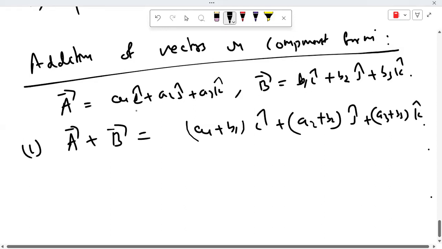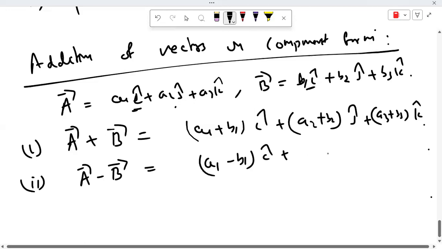Just add the I components, j components and k components. Same with A minus B: it will be (A1 minus B1) I cap plus (A2 minus B2) j cap plus (A3 minus B3) k cap.